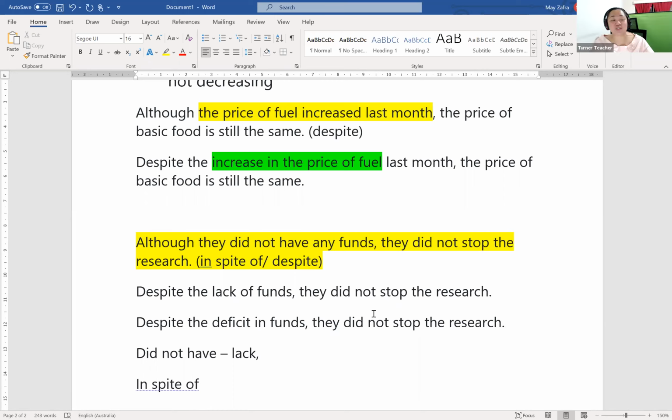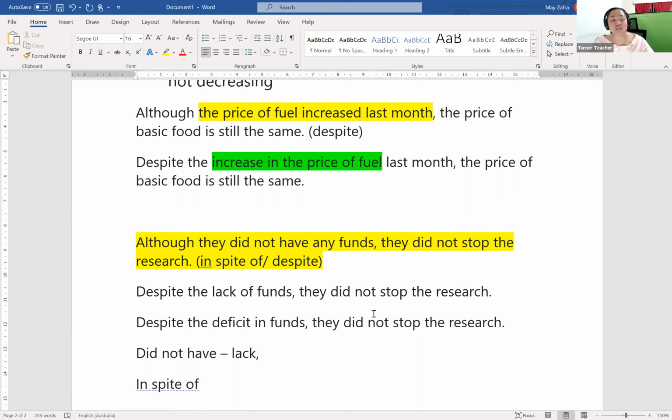It depends on which one I'm choosing, despite or in spite. If I'm choosing despite, it's supposed to be a noun. Correct. And we're trying to use in spite of and despite in the sentence that I've given.